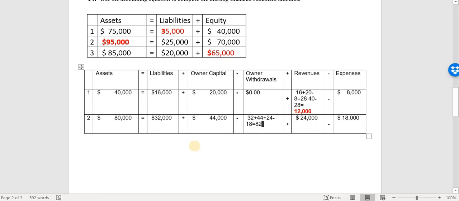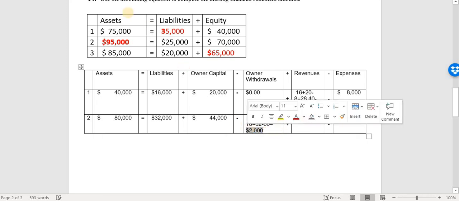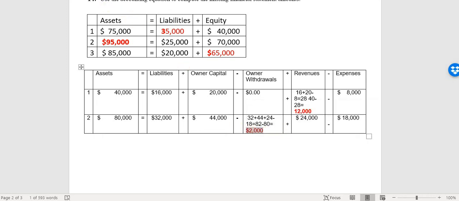What's it have to equal? Has to equal 80. So I must have taken 2,000. So 82 minus 80 means $2,000 in withdrawals. Okay? Just getting comfortable with the accounting equation.